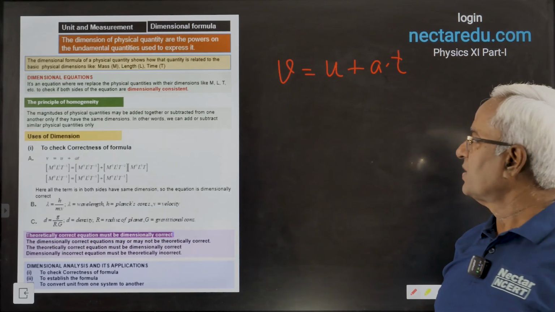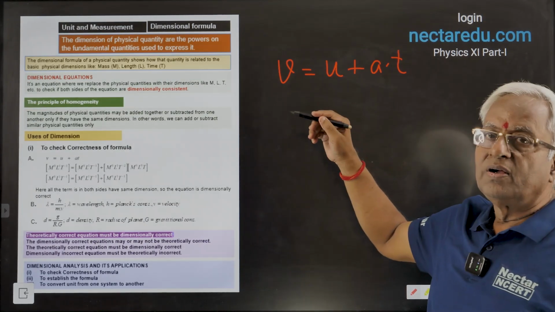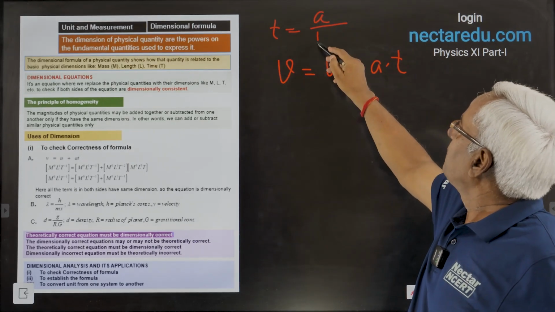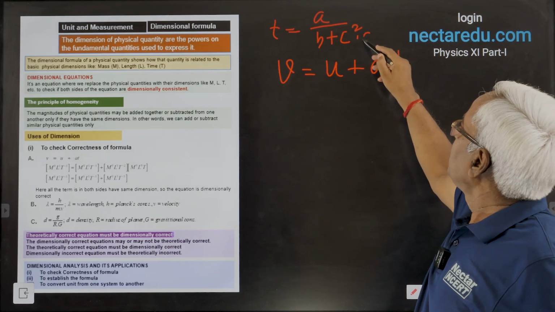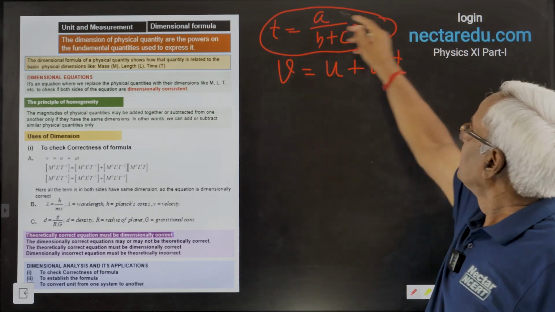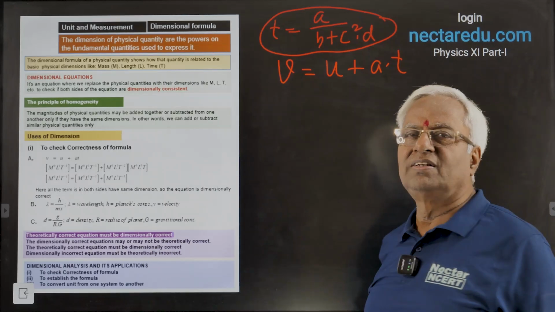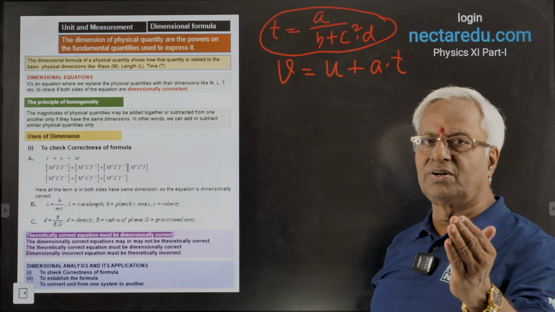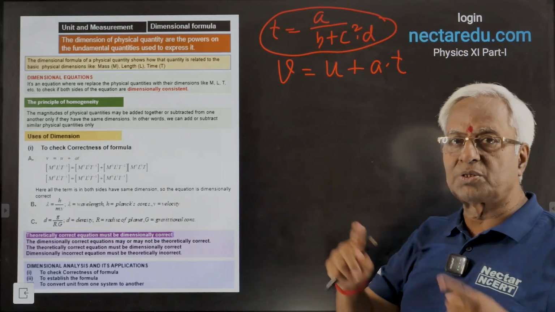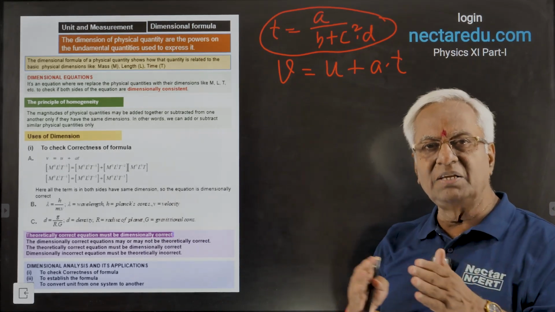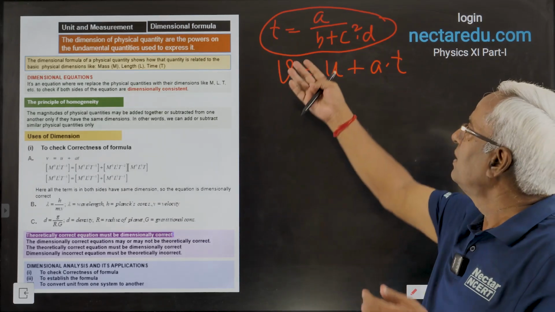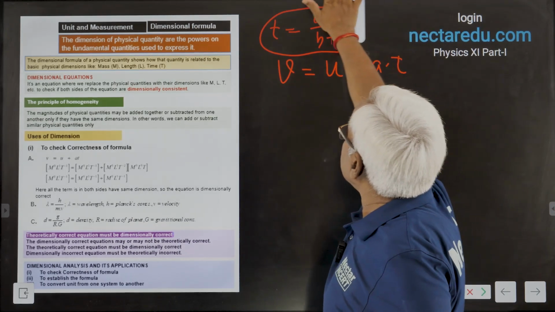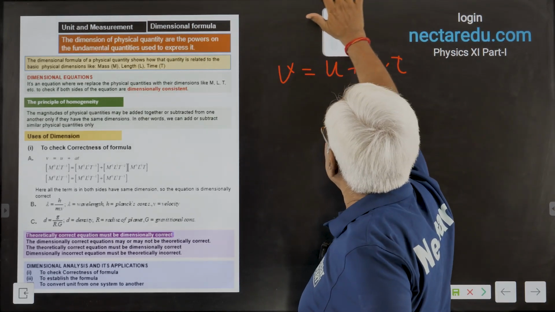So I say T equals A upon B plus C square D. It looks a bit complex, but it is very clear: since one side is T only, the other side must have the dimension of time only. This is the principle's description. On the basis of the principle of homogeneity, you can now check the equation.